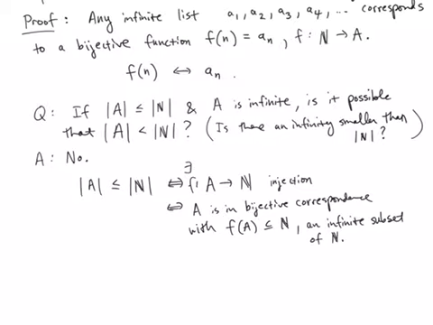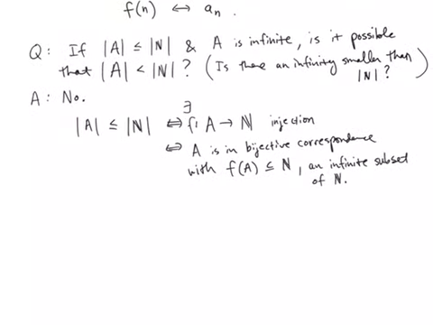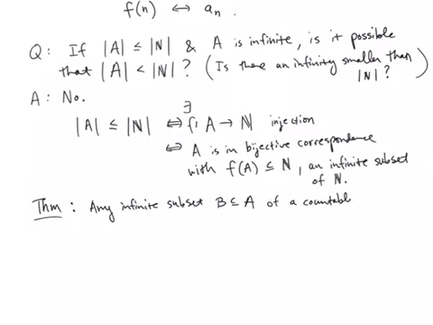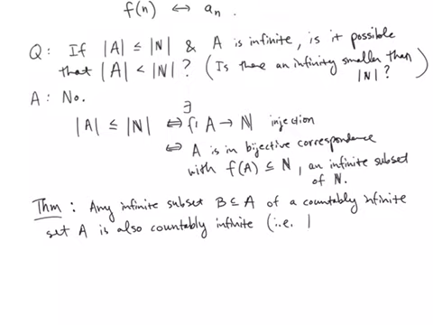And again, the answer is no. The precise statement is this theorem: any infinite subset B contained in A of a countably infinite set A is also countably infinite. Another way to say that is that the cardinality of A equals the cardinality of B.